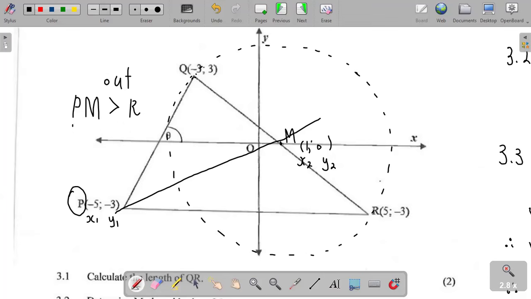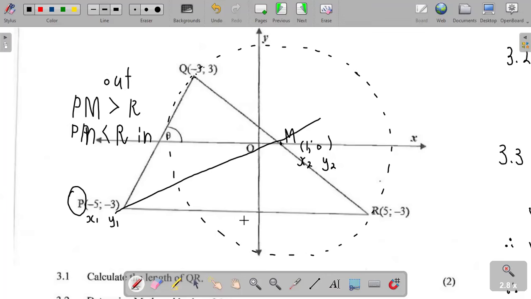If PM is less than the radius, then it means it is inside the circle. That's what it means. So we have to find PM here.